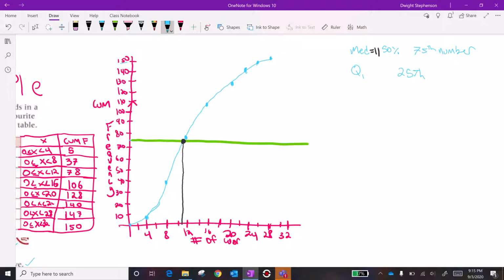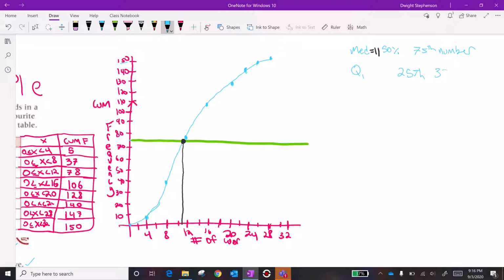Right, so we want to know, okay, what is 25% of 150? 1/4 of 150 is 37.5.